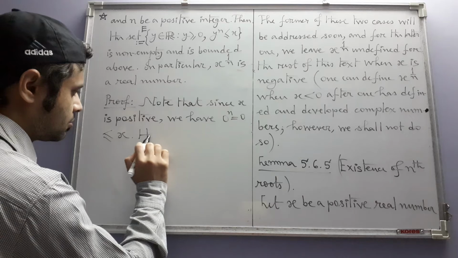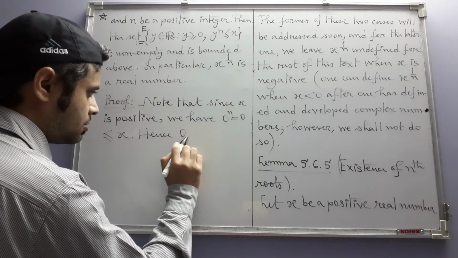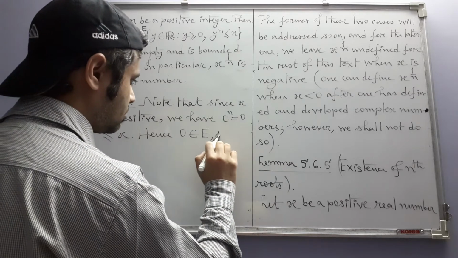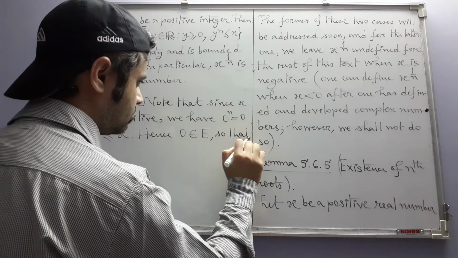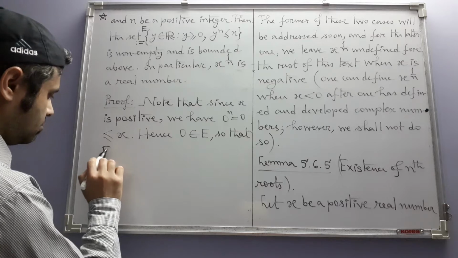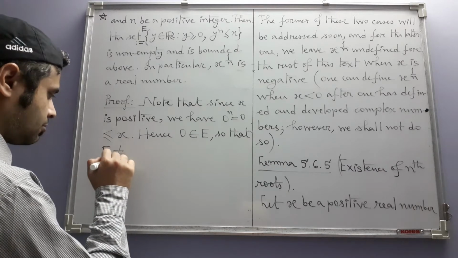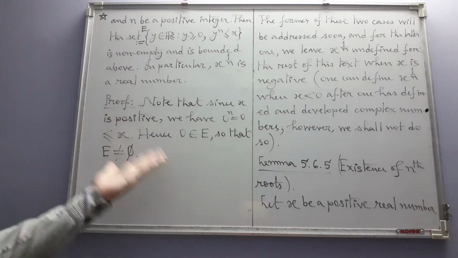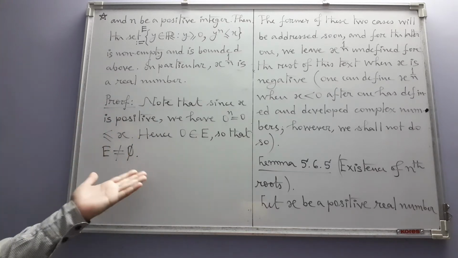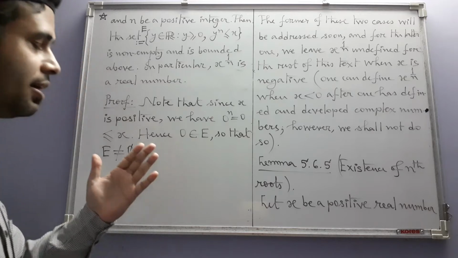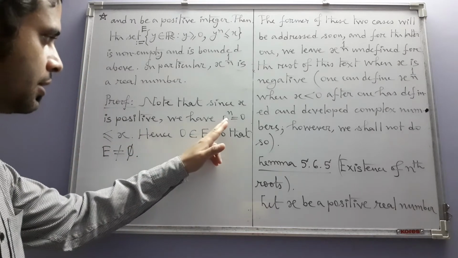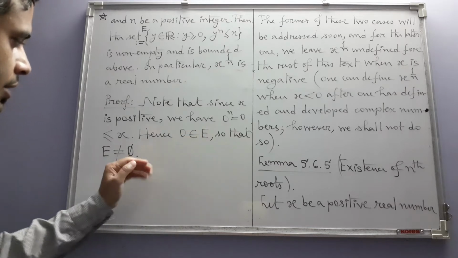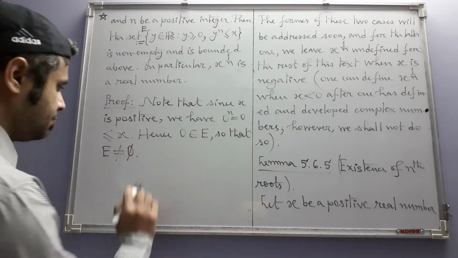Hence 0 belongs to E, so that E is non-empty. 0 is a non-negative real number whose nth power is less than or equal to x.